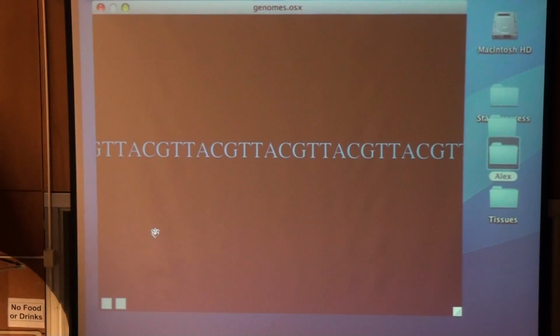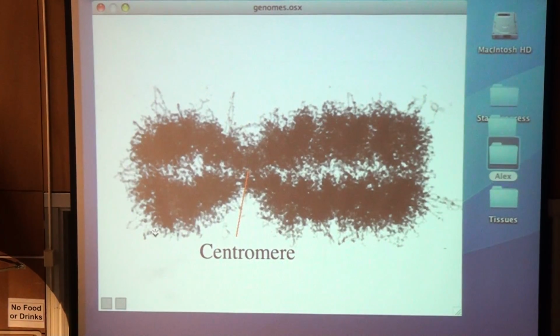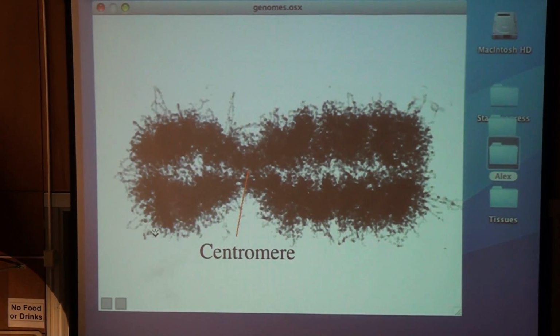And they're not 100% sure what these tandem repeat DNAs are for, but they have a pretty good idea. To explain this idea, here's a chromosome. And remember there's this region, not necessarily in the middle of the chromosome, but usually fairly near the middle, called the centromere. And that's where the two sister chromatids are held together.